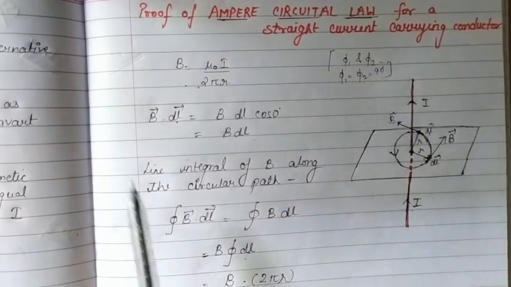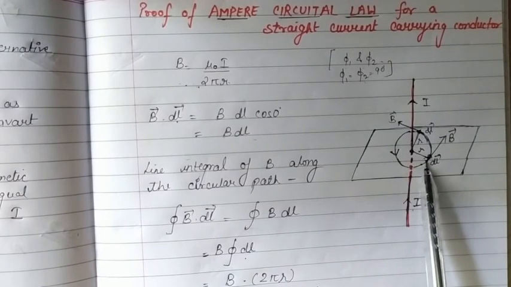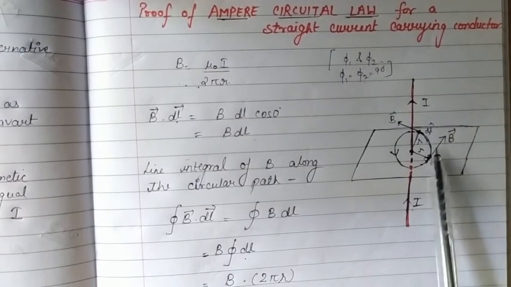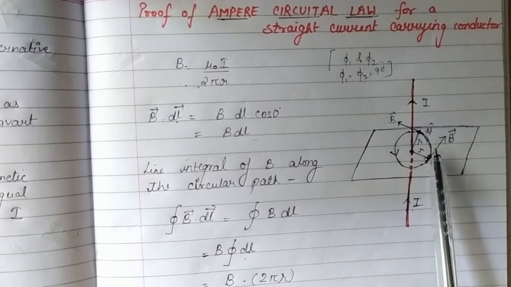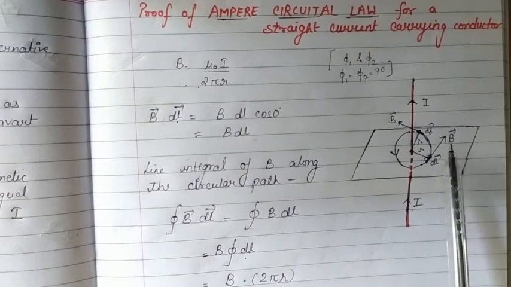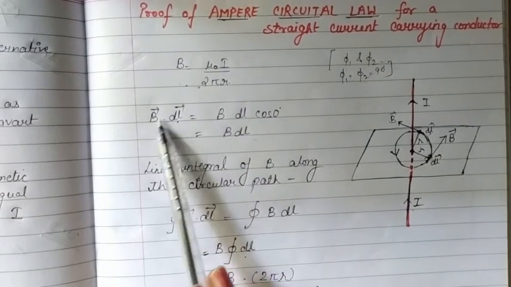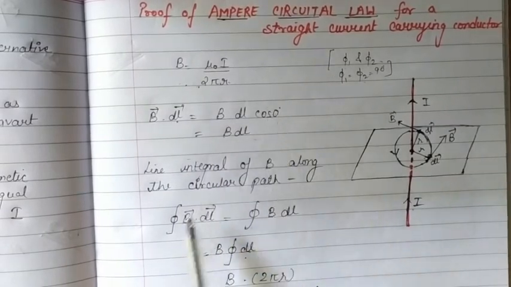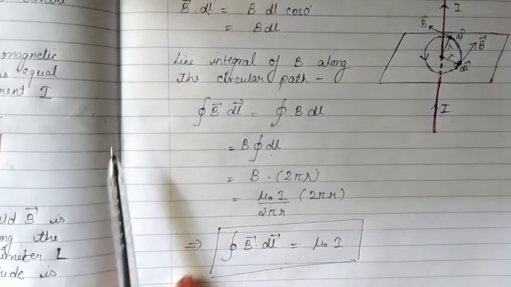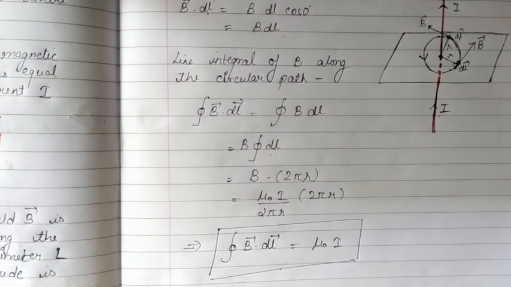Then from the figure we can see that the direction of the dl vector element and the B vector is always along the tangent at that point, and the direction of dl vector and B vector are the same, so the angle between them is 0 degrees. So we find B dot dl as B dl cos 0, and cos 0 is equal to 1. Then we find the line integral of B dot dl that we have to prove in Ampere Circuital Law.